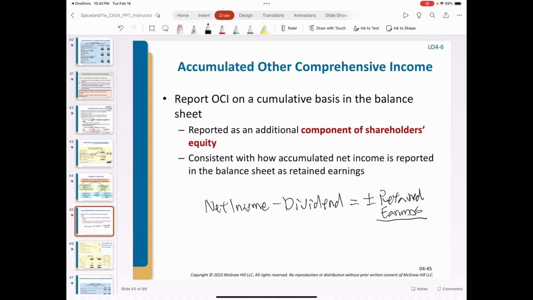And retained earnings is an account in the stockholders' equity. And OCI, other comprehensive income, either positive or negative, will be reported as the change of accumulated other comprehensive income.